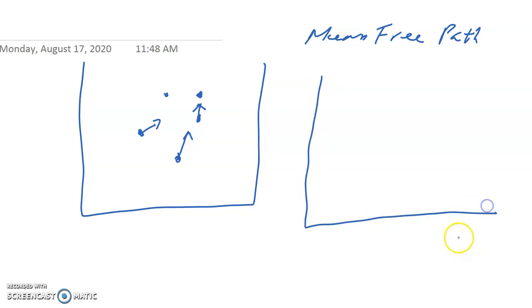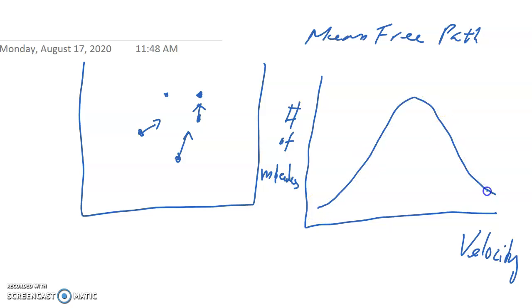Let's say I want to plot velocity, which is similar to speed in our case, versus the number of molecules at that velocity. You would typically see a graph that looks like this. That means the majority of the molecules travel at the velocity over here.